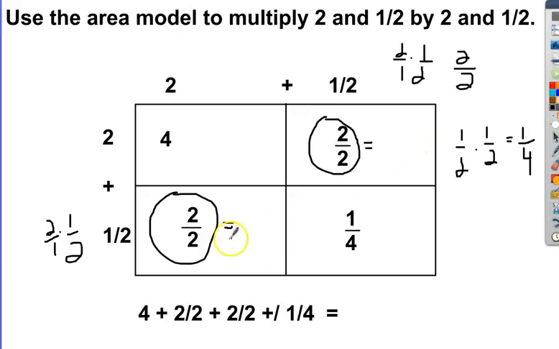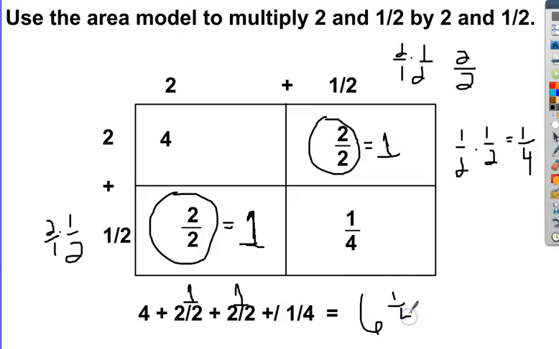Or can I look at 2 halves and realize 2 halves equals 1? 2 halves equals 1. So I'm going to have 1 and 1. So when I add this all up, 4 plus 1 plus 1 plus 1/4 is 6 and 1/4.